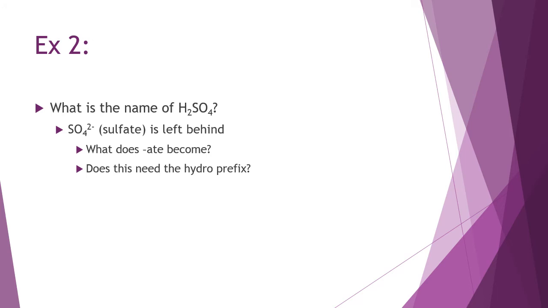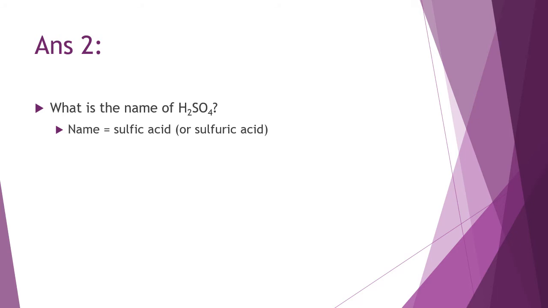So we should consider, what does the suffix -ate become? And do we need the prefix hydro-? Since this is polyatomic, we will not use the prefix hydro-. The -ate will become an -ic. And so the name of H2SO4 is sulfic acid, or you will usually hear it referred to as sulfuric acid.